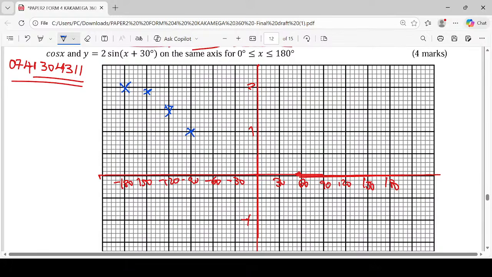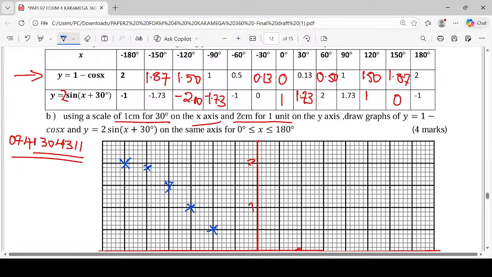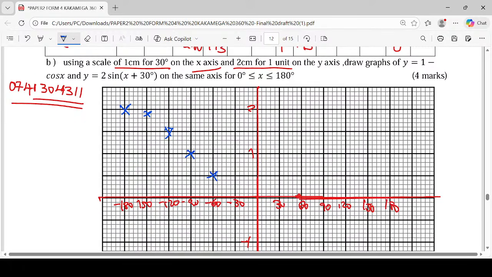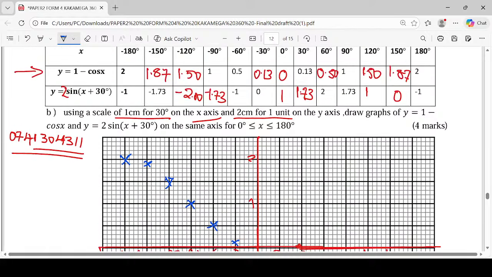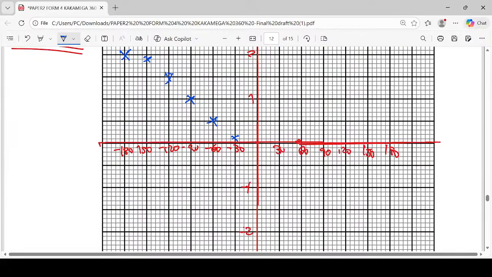Negative 30, 0.13. Then 0, 0. We have here 0, 0.